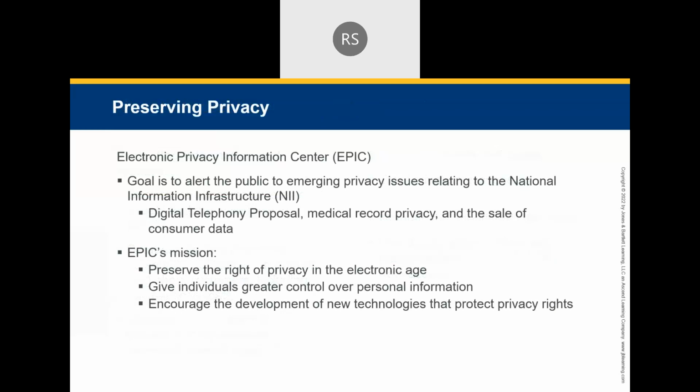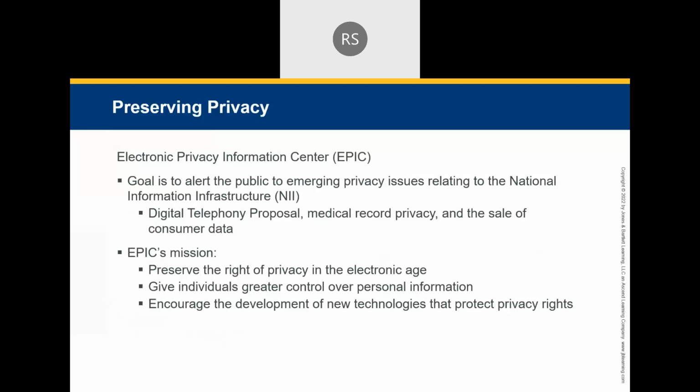The Electronic Privacy Information Center is an organization that's dedicated to addressing emerging privacy issues related to the national information infrastructure. So EPIC actively engages with critical privacy issues. This includes the digital telephony proposal, medical record privacy, and concerns surrounding the sale of consumer data.